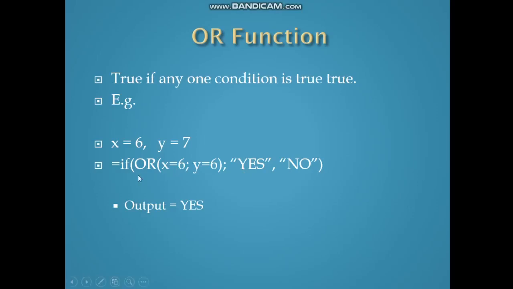If I write x is equal to 7, then none of them is true, so the false part will be executed. So in a single statement, AND function will need all the conditions true, and OR function will take any one condition true, then the true part will be executed.